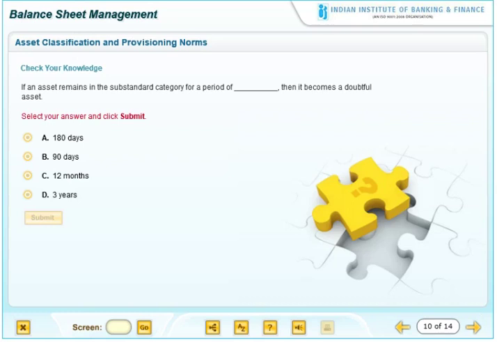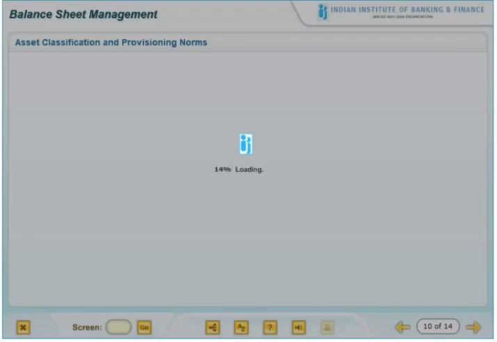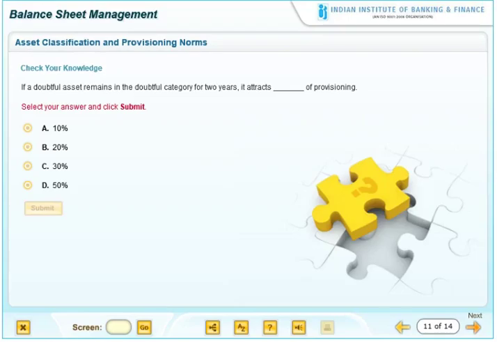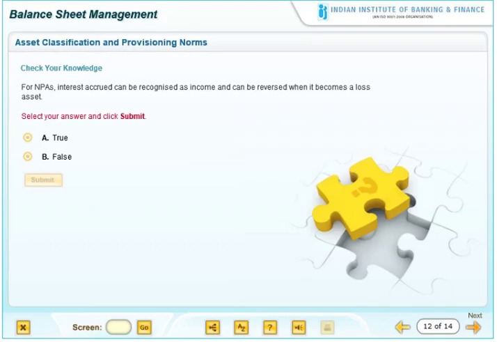Read the instructions on the screen to complete the exercise.